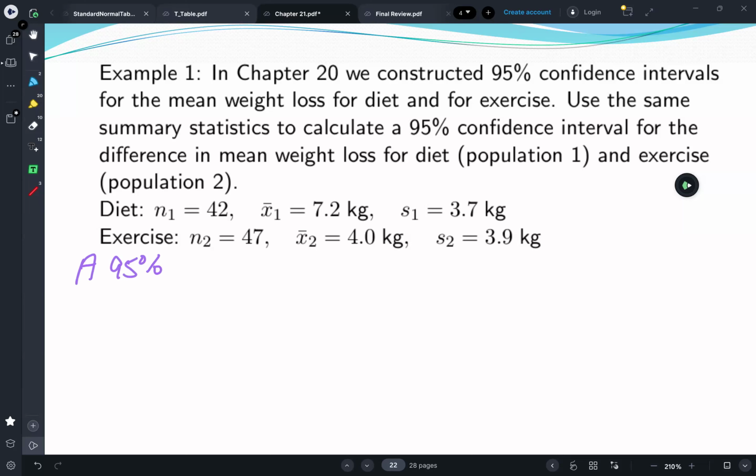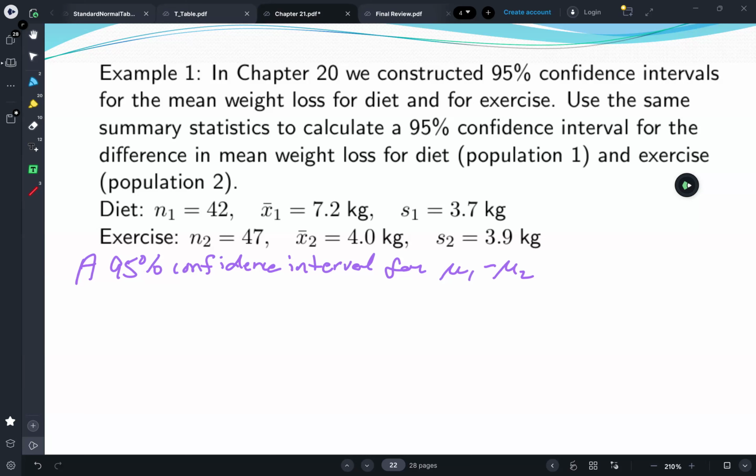So a 95% confidence interval for mu1 subtract mu2. Think of that in words. That's the difference between the average weight loss between the diet and the exercise. That's all wrapped up in mu1 subtract mu2.